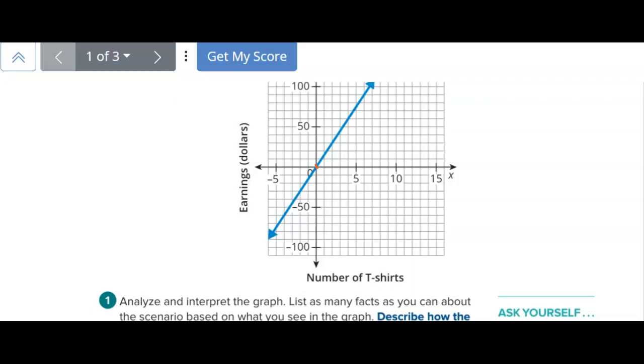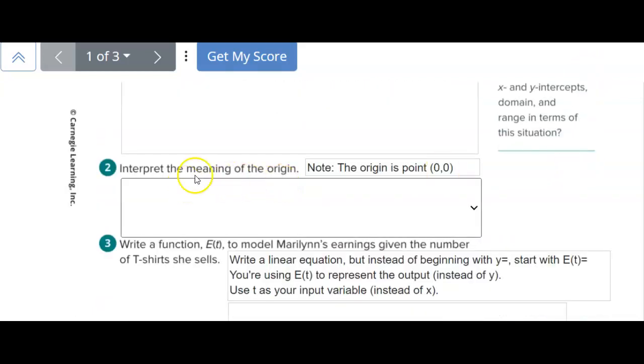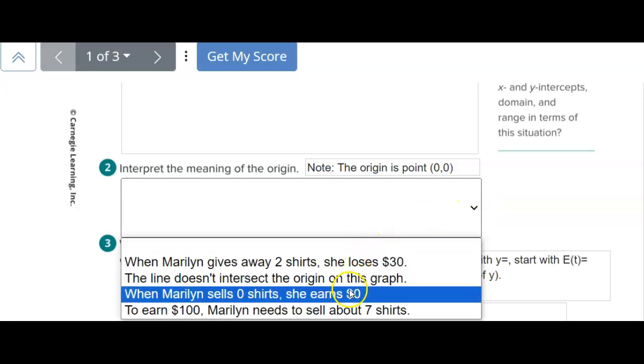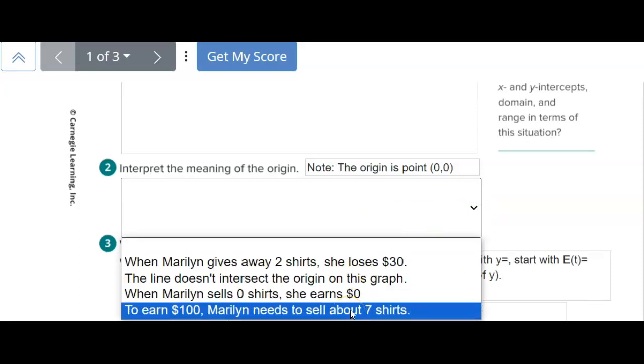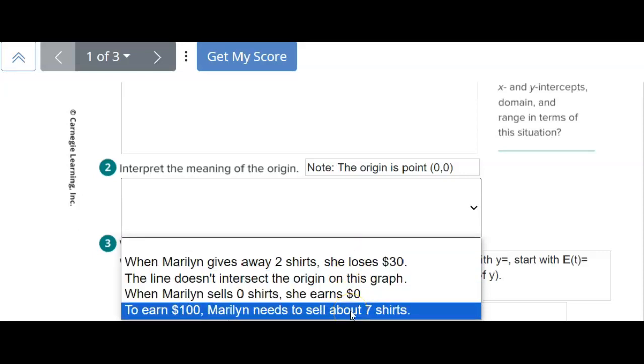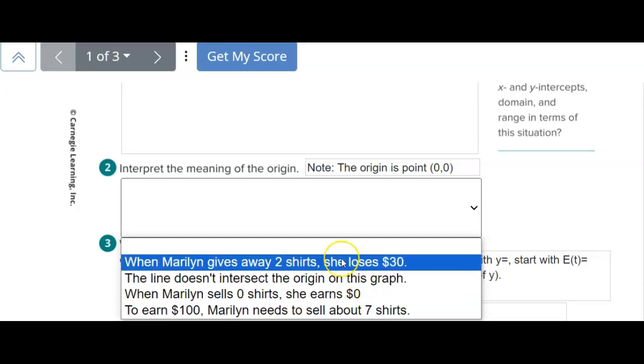So for the next question, what you're going to be choosing an answer for is, what's the meaning of the origin? So you'll have these possibilities, and you're going to decide which one of these situations fits the point (0, 0) the best.